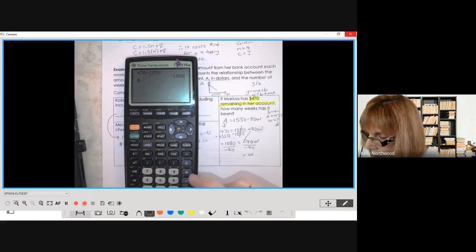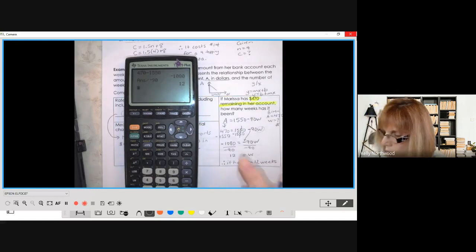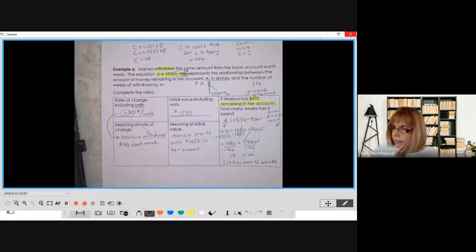So negative 1,080 divided by negative 90 is 12. So that means, therefore, it has been 12 weeks. So it was okay to get this negative here because we were dividing by a negative, and a negative divided by negative gives you a positive.